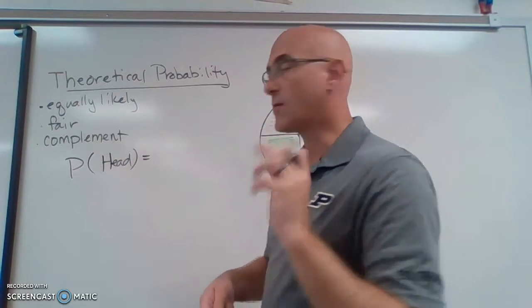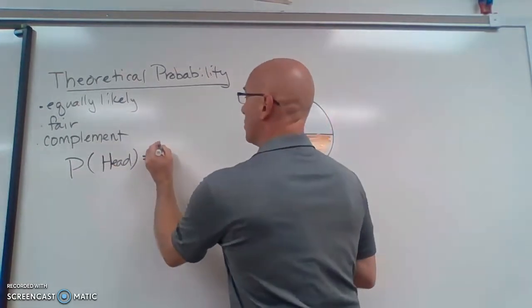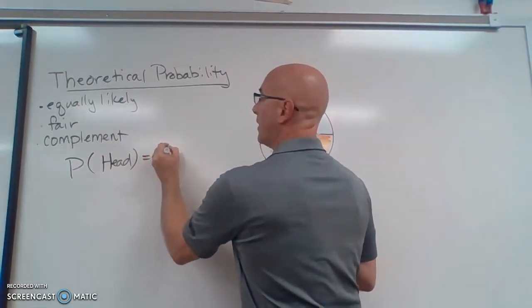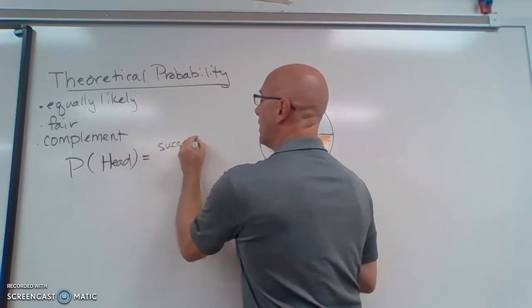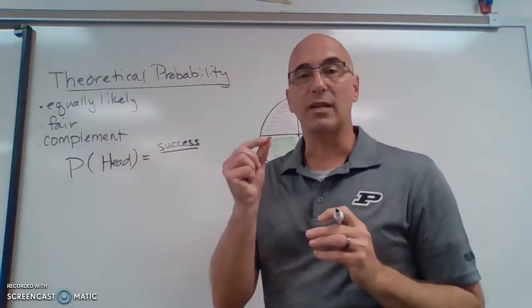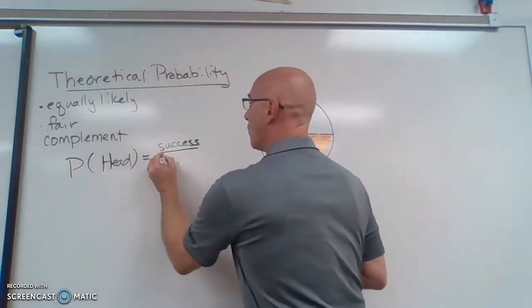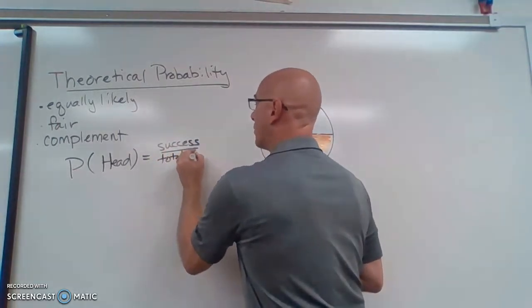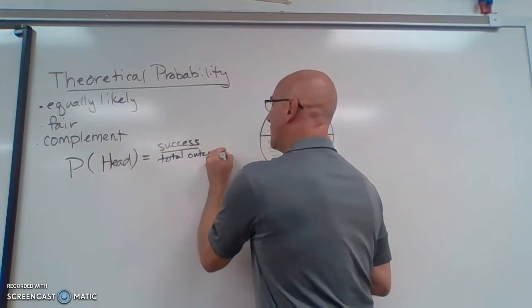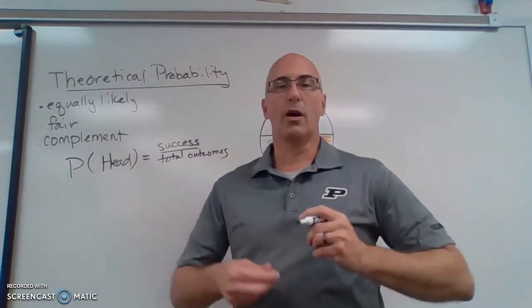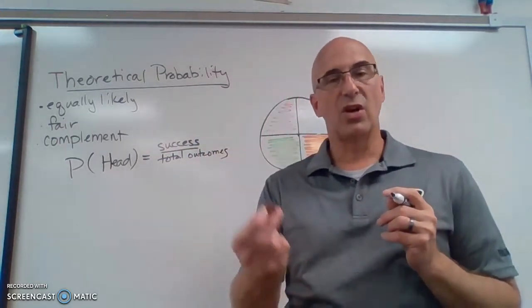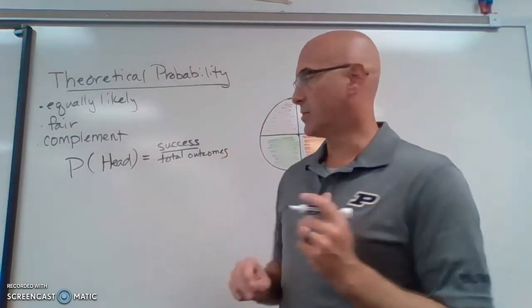Let's do fractions first. The numerator is the number of ways it can be a success over the total number of outcomes.